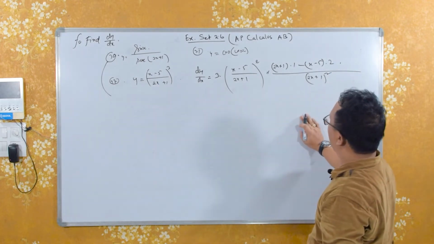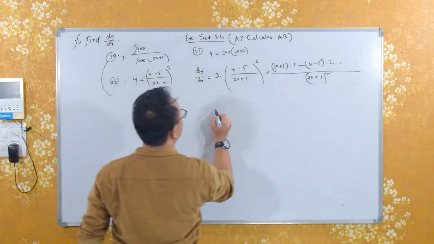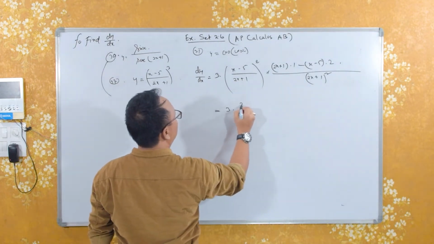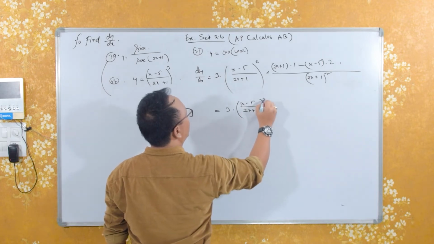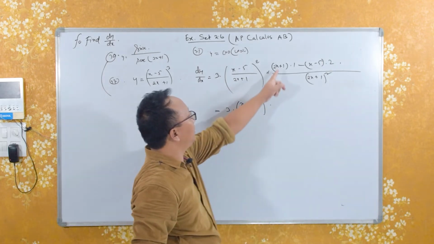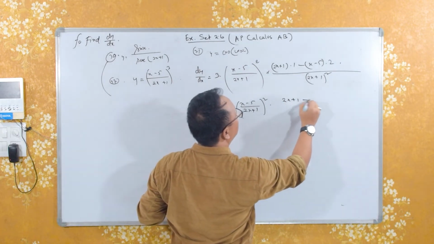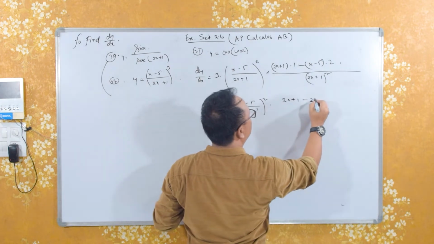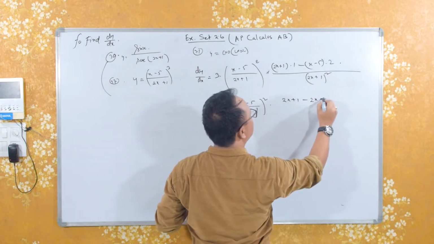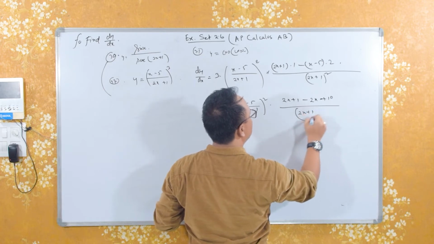You can stop here or you can just multiply some terms. So (x minus 5) upon (2x plus 1) squared into (2x plus 1 minus 2x plus 10) over (2x plus 1) squared.